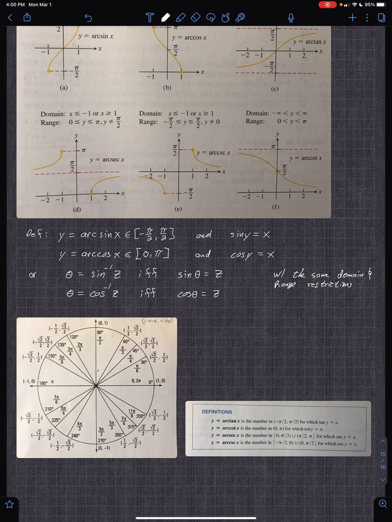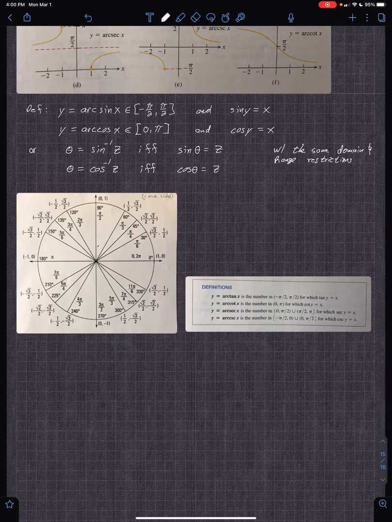Let's suppose you have this. You want to have this unit circle, just pull one up from the net and grab the unit circle. I found this one, I like this one because it has both the radians and the degrees.